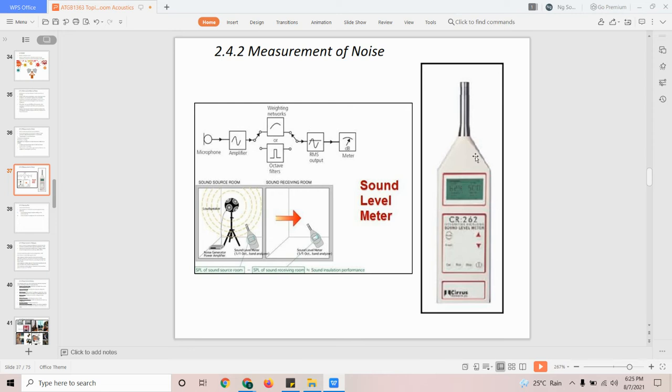This device shown is just a very basic device, meaning you will have to manually record it. There will be better devices which are able to record over a period of time, let's say every 5 minutes, for maybe within 5 hours. So there will be a lot of readings, and you'll be able to compile a report for environmental.